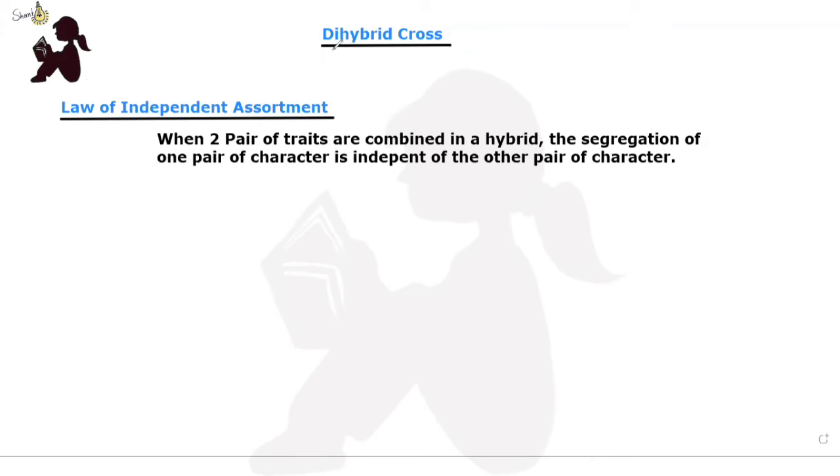Now we will discuss the dihybrid cross. Previously we discussed the monohybrid cross, which means the cross of one pair of traits or characteristics.